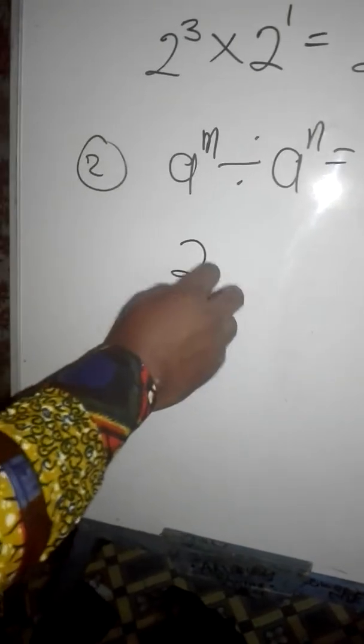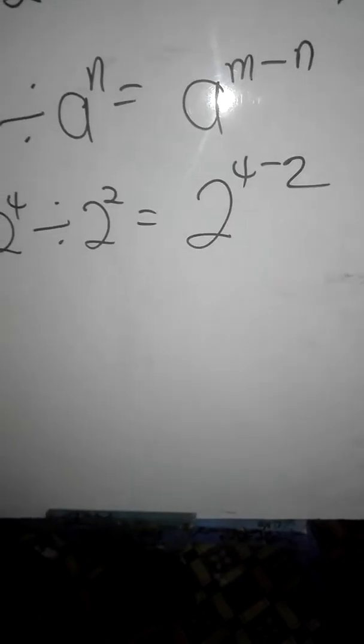We have 2 to the power 4 divided by 2 to the power 2. Since the bases are the same, it becomes 2 to the power 4 minus 2. 4 minus 2 gives us 2. Let's move to other laws.